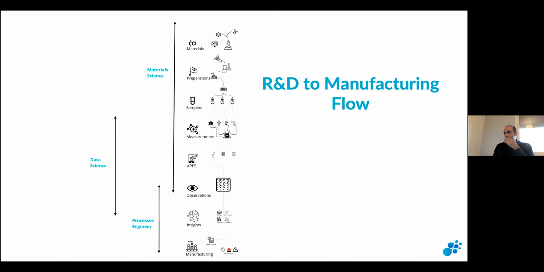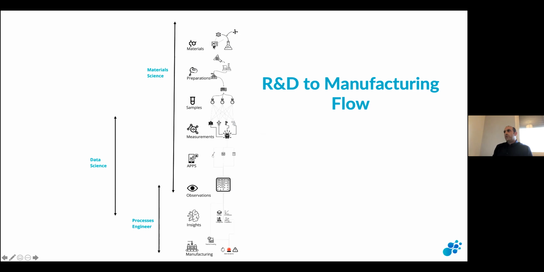So if you look at the flow of research, I split it into three different players: what's covered by the material scientist, what's covered by the data scientist, and what's covered by the process engineer. This is to highlight the lack of overlapping expertise.